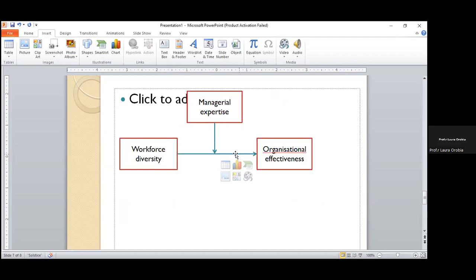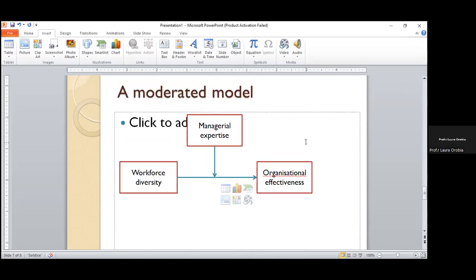We see there are two arrows, one arrow pointing directly onto the other. Now, this is a diagrammatic presentation of a moderated variable, a moderated conceptual framework. This is a moderated model. Managerial expertise being the moderator.